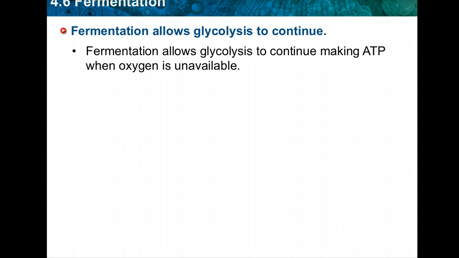And that's where the process of fermentation comes in. When oxygen is not present, glycolysis is followed by a pathway that makes it possible to continue making ATP without oxygen. Keep in mind, fermentation is not going to create ATP, but it allows glycolysis to continue going.